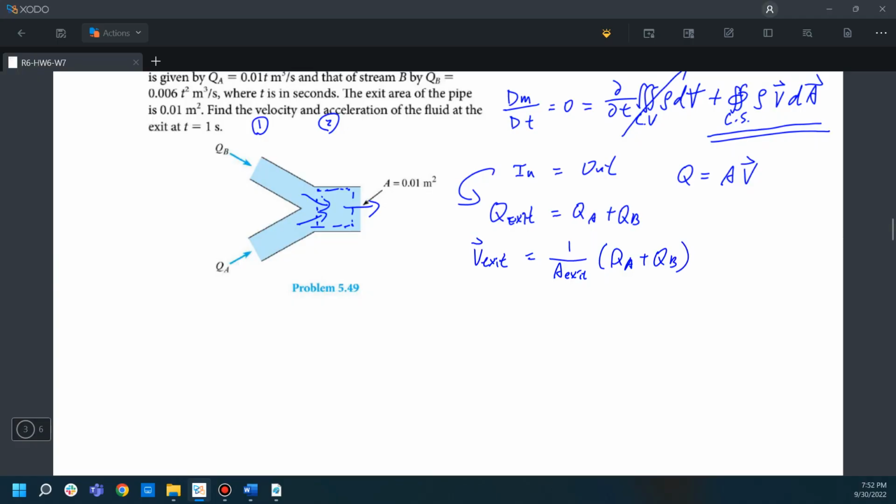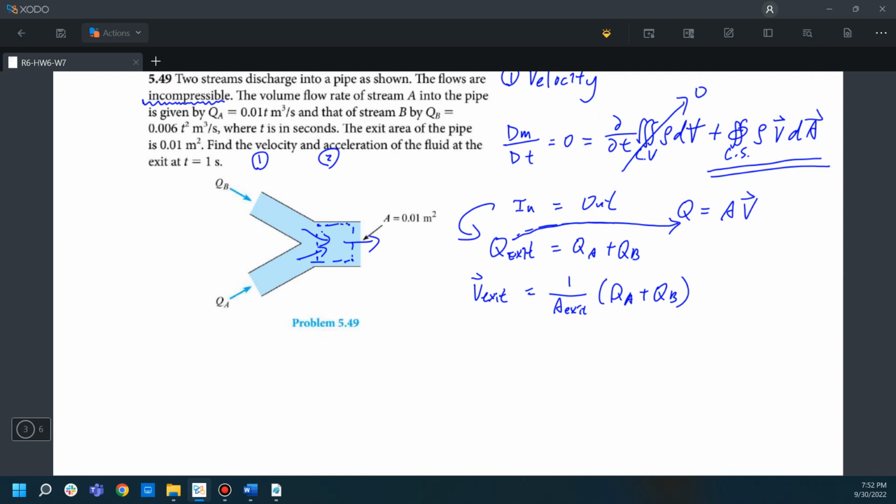Okay, so I basically use this to split the area and velocity. And we already know that QA is equal to 0.01 T and QB is equal to 0.006 T squared.